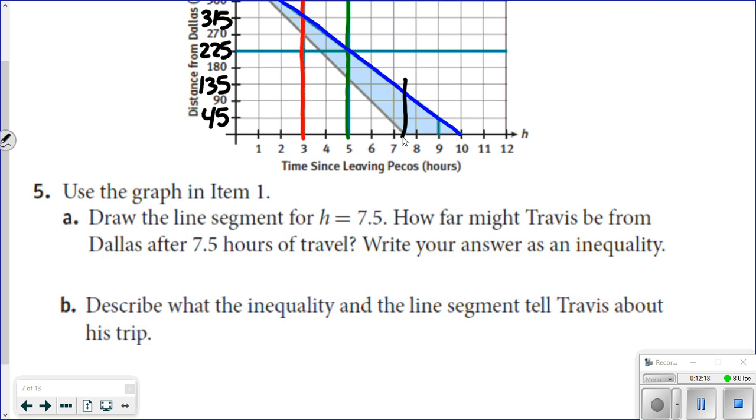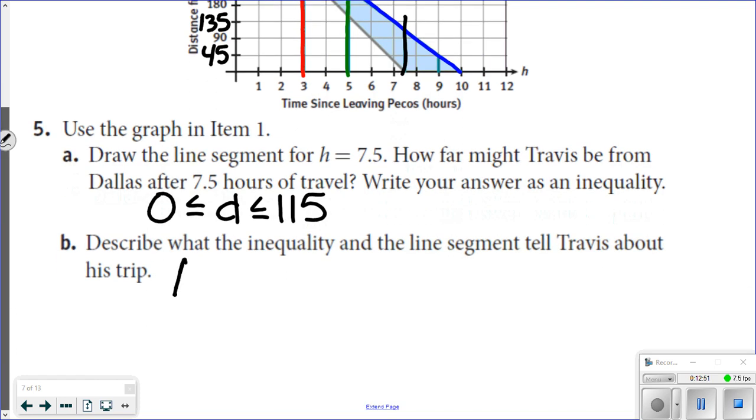And everybody should have 0 as their low point because remember, if he's going 60 miles per hour, he's there after 7.5 hours. Or let's estimate it's a little bit above 90. It's not quite 135, so some of you might have said 100, 105, 110. I've gotten 115.